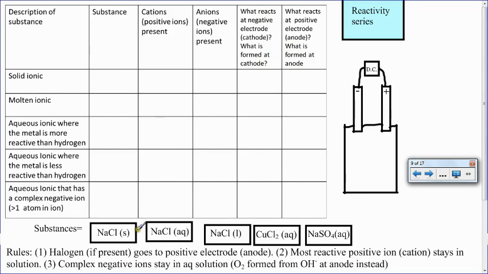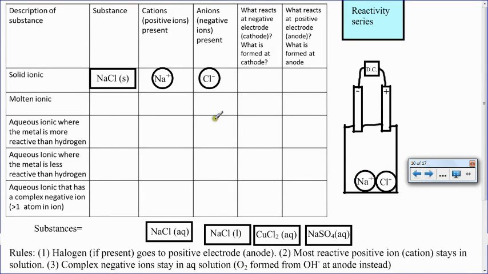If we look at our state symbols here, we've got solid, aqueous, liquid. So our first one, a solid ionic substance, here is sodium chloride. We've got these ions present, but because it's solid, the ions can't move, so we don't get any completion of the circuit here, so electrolysis does not happen.